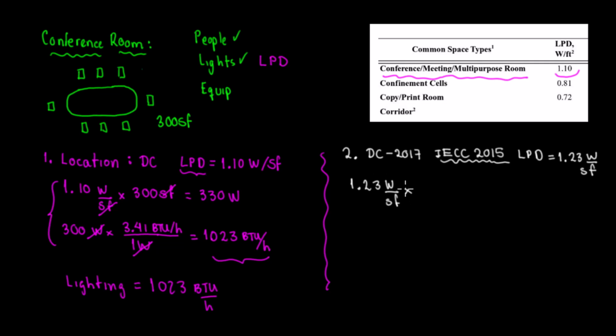And what is our square footage? It's 300 square feet. And then square feet with square feet goes away. This is gonna be equal to what? So we're gonna put 1.23 times 300. That's 369 watts. Okay. Now 369 watts, I'm going to convert this to BTUs per hour. 1 watt, 3.41 BTUs per hour.